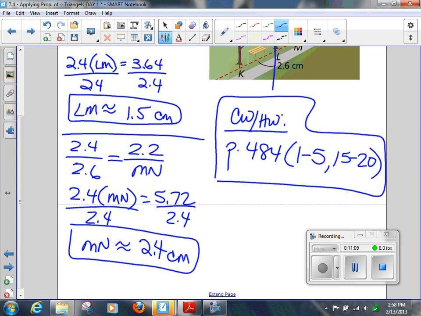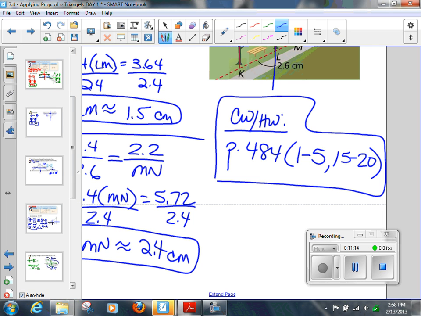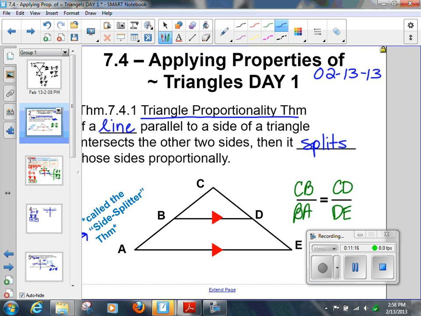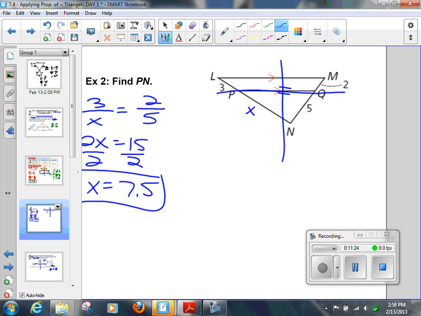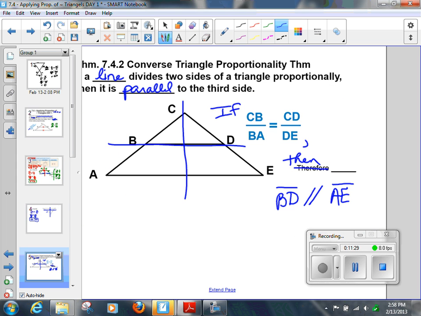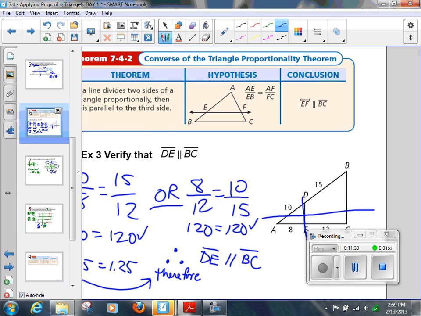And for those of you who are at home watching this video, because I know you all are, there's the first page. Pause it and copy. Here's the second page. Pause it and copy. Here's the third page. Pause and copy.